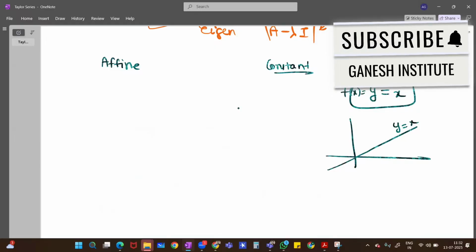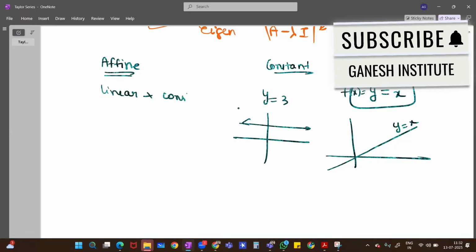Ma'am, does a constant function give us the same range for every domain? Right, for example, y equals 3. So that is a constant. The affine function is also similar. We have a linear function and we add some constant term to it.